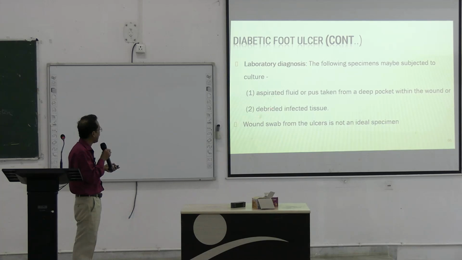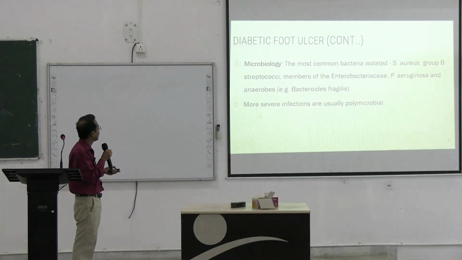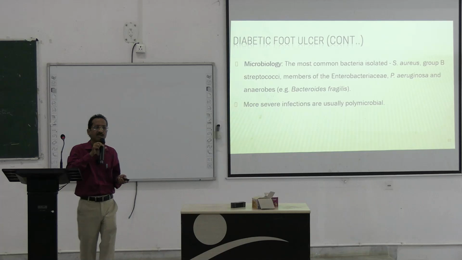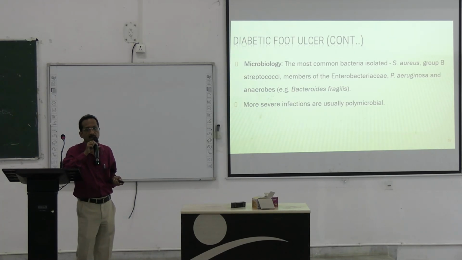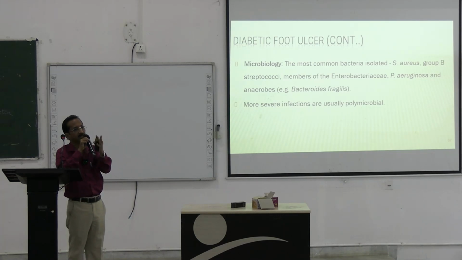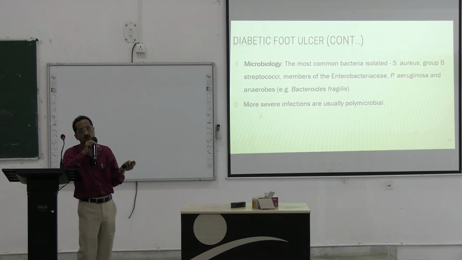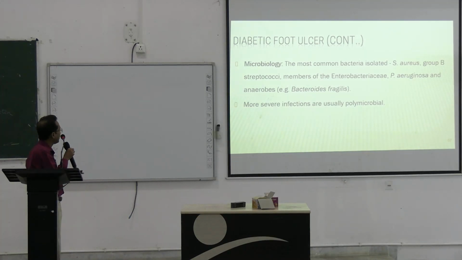Aspirated pus and debrided infected tissue. Wound swab from ulcer is not an ideal sample because along with the aerobes, in diabetic foot there may be some anaerobes also. As vascularity is decreased, oxygen supply is decreased, so anaerobes may also grow in diabetic foot.